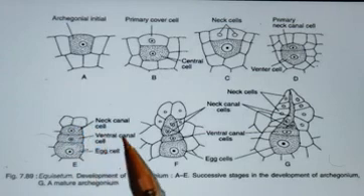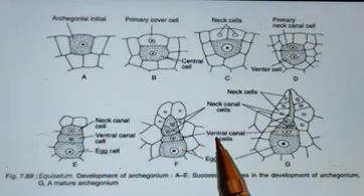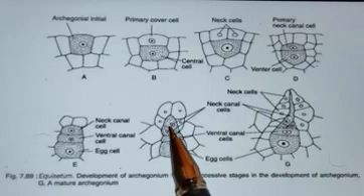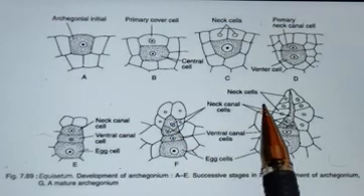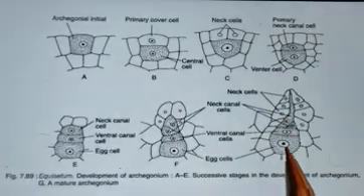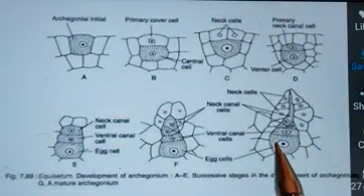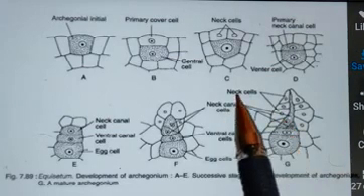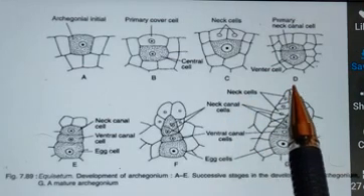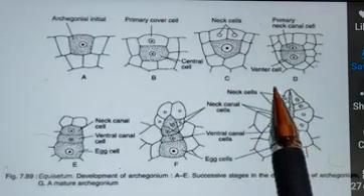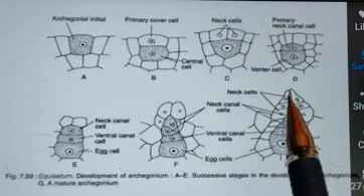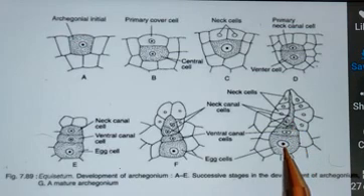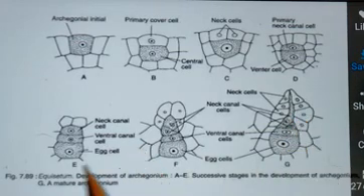They again divide and produce the egg, ventral canal cell, neck canal cell, and neck cell. This is the ostiole, when sperms enter inside the neck through the neck canal and reach the egg, and fertilization takes place. So this is the development of archegonia, the successive stages in the development of the archegonium.